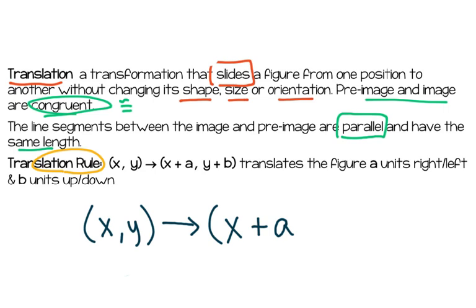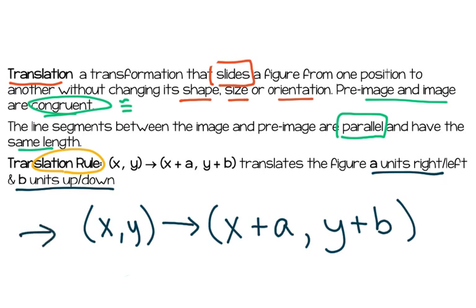If you're going to move it left, then you would say like x minus 3. And then y plus b. So again, if you're going to move it up, you'd say y plus 4. If you're going to move it down, you'd say y minus 4. So something like that translates a figure a units to the right or left and b units up or down. So we're going to practice writing our translation rule like that.